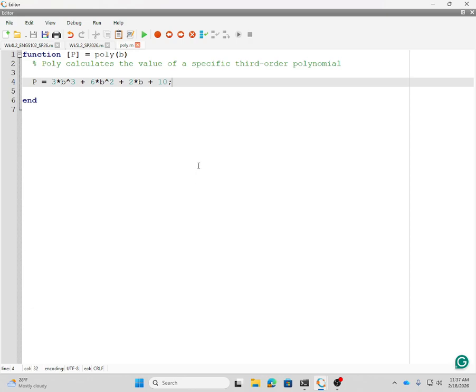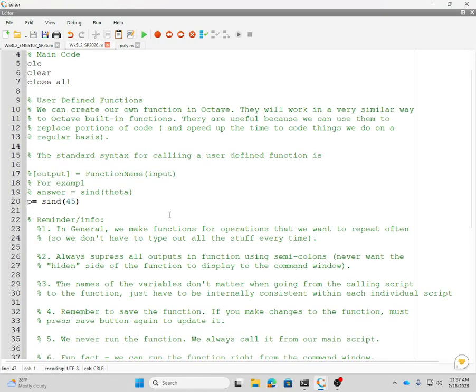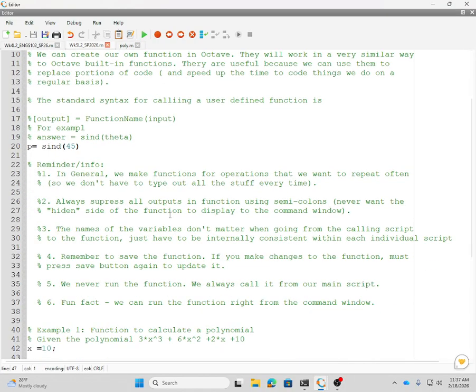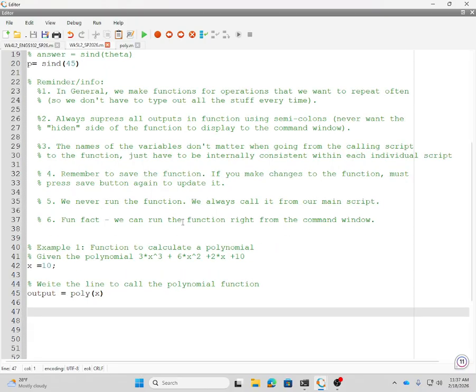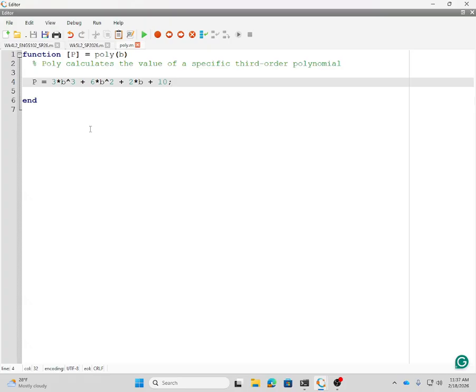Okay, the main code. B is undefined near line 4. Did you save it in the same file? Are both of them saved in the same file? Yeah. Same location?